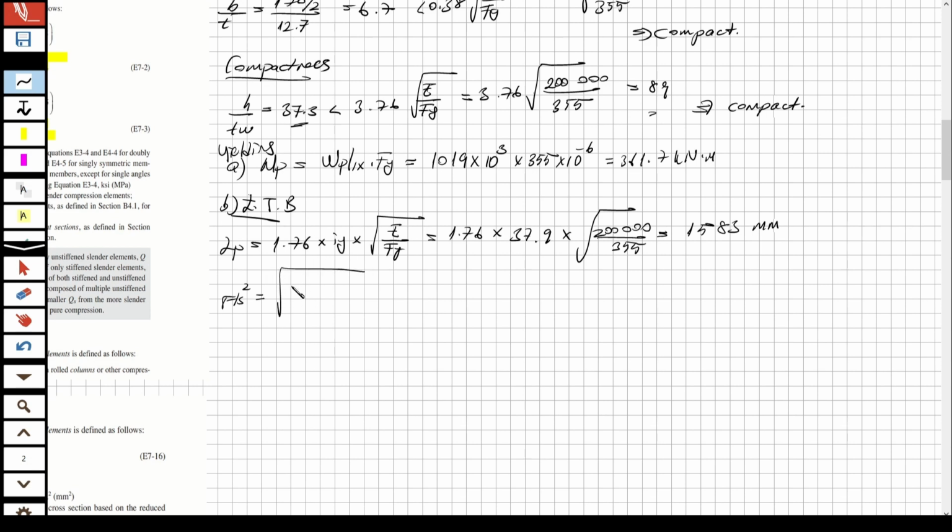It is the inertia in the y direction multiplied by Cw over the elastic section modulus, and this is 10.43 multiplied by 10 power 6, multiplied by 313.6 multiplied by 10 power 9, over 903.6 multiplied by 10 power 3.